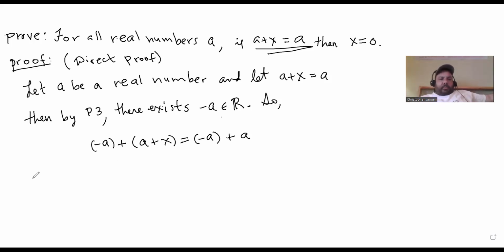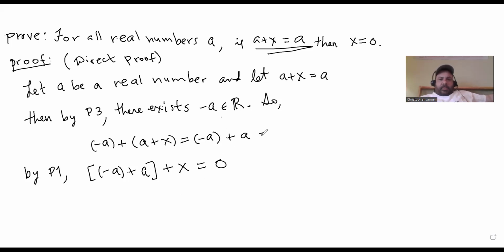And then I can use P1, the associative law for addition. So by P1, I can just reassociate negative a plus a, plus x equals 0. So on the right hand side, that's equal to 0 by P3, I think it was.